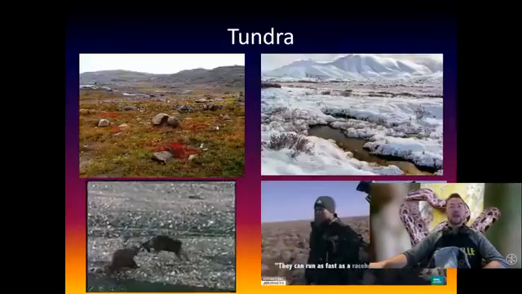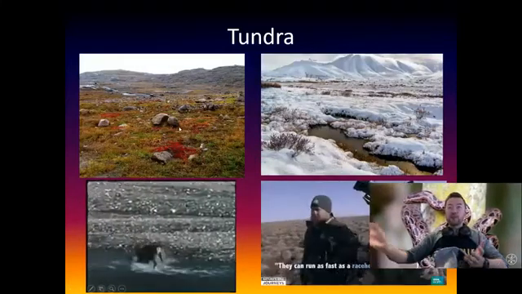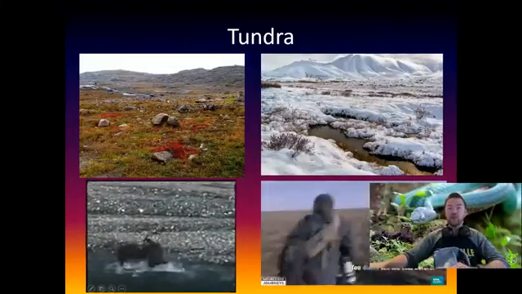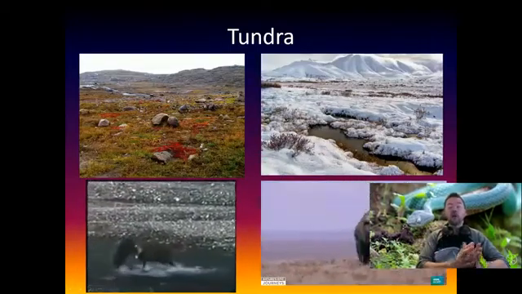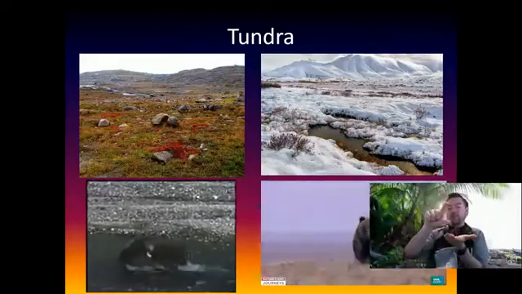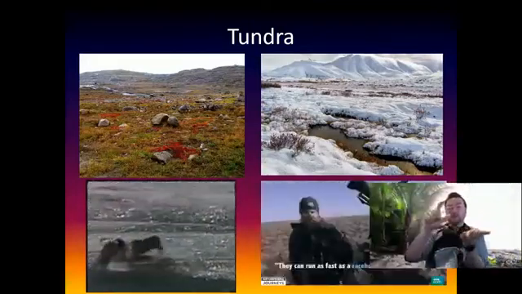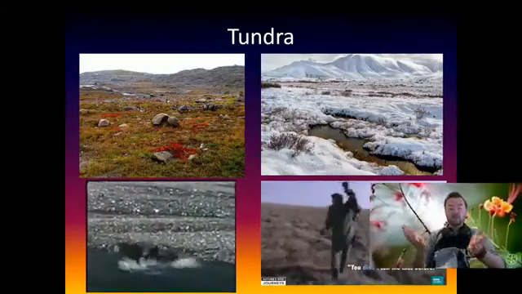Hey, you also got the tundra, which is pretty much devoid of trees. There are no trees whatsoever in this area. The soil that plants grow in is called permafrost, where the first 6 inches of soil is thawed out, but you go below 6 inches and it's ice, it's frozen soil.